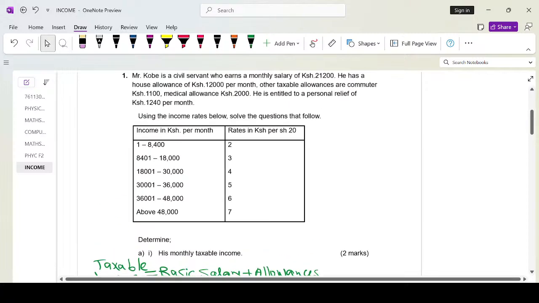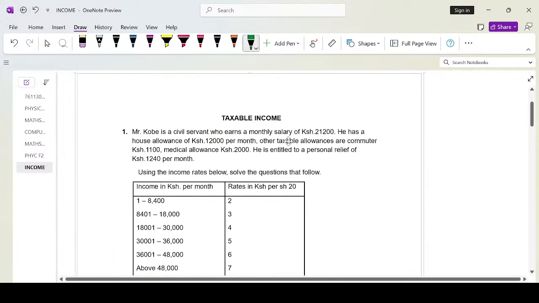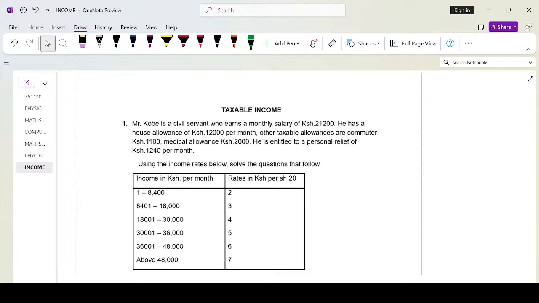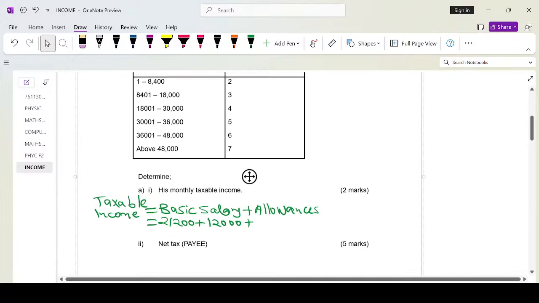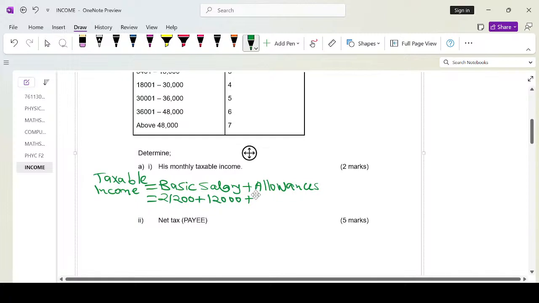Let's also see if he has another allowance. Other taxable allowances: this 12,000 was the house allowance. Other taxable allowances are commuter allowance, which is 1,100, and medical allowance, which is 2,000. So that is 1,100 plus 2,000.